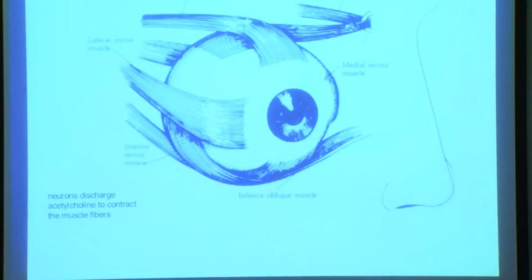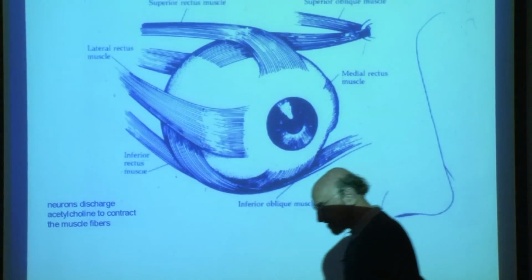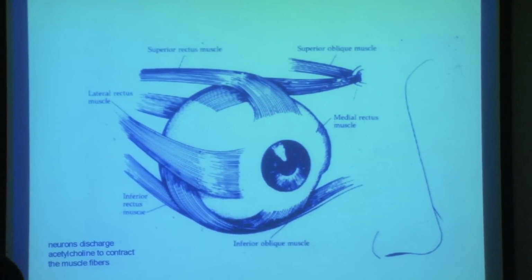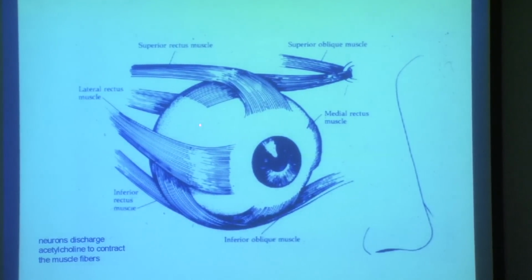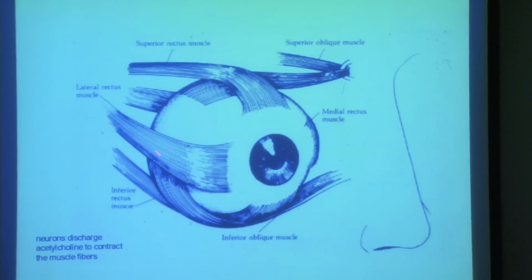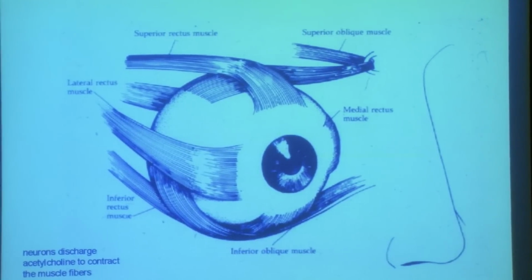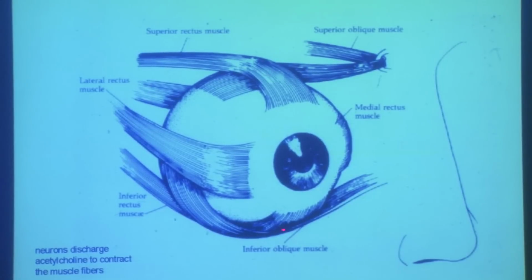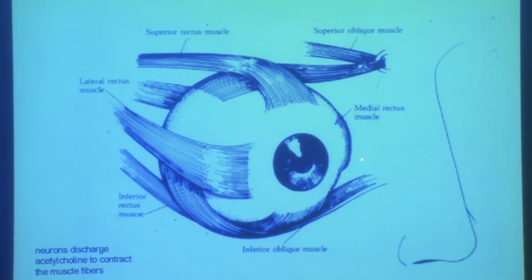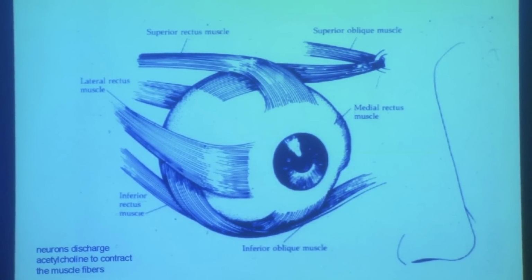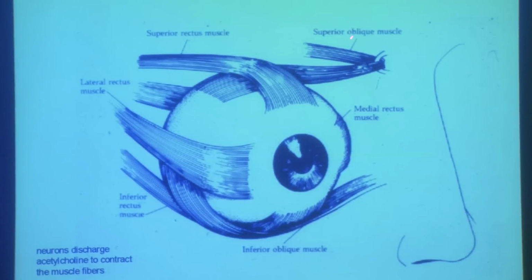So let's start, first of all, with the eye muscles. Each eye has 6 extraocular muscles, as they are delineated here. They're called the superior and inferior recti, the medial and lateral recti, and the obliques, the superior and the inferior oblique muscles.